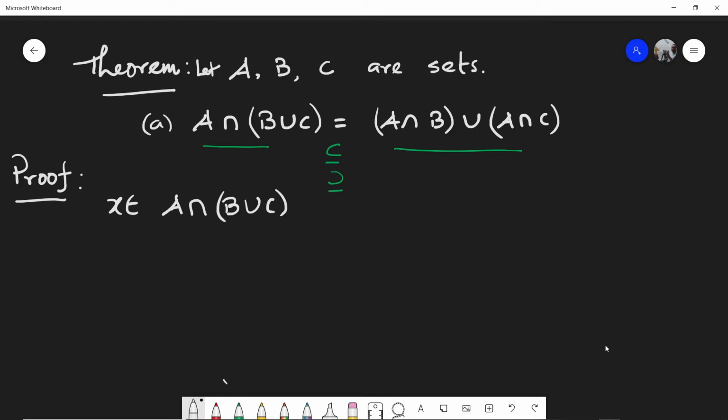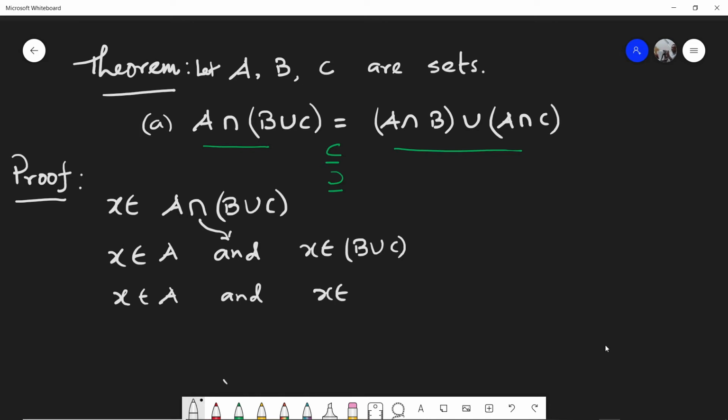This means, by definition, x is an element of A, and for this we have an and, x is an element of this set. So x is an element of A, and x is an element of B or x is an element of C, for this we have an or.